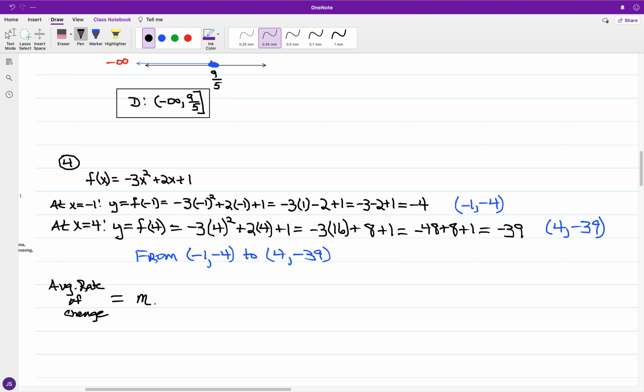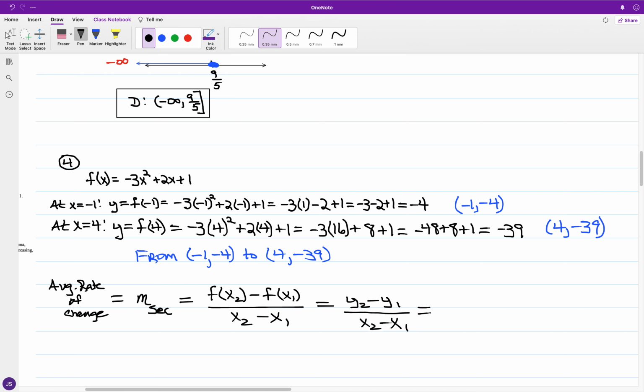The line that cuts through those 2 points is going to be the secant line. Just for formalizing, you have f of x2 minus f of x1 all over x2 minus x1. But since I have the specific coordinates, I can put this in the context of the traditional slope formula, where we have y2 minus y1 all over x2 minus x1.